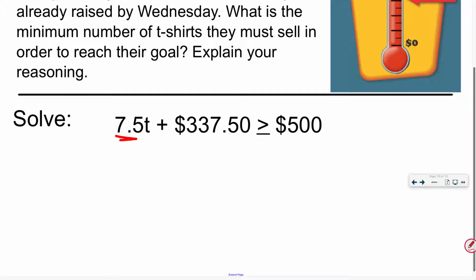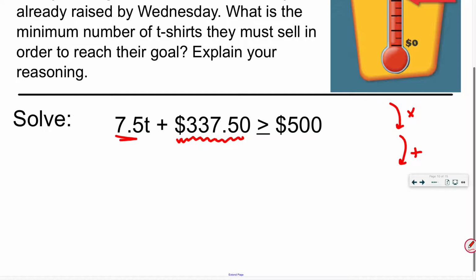Then we're adding the $337.50. So first we multiply, and then we add it. So what are we going to do to undo those operations? Subtract and divide. All right, we're going to subtract and divide.